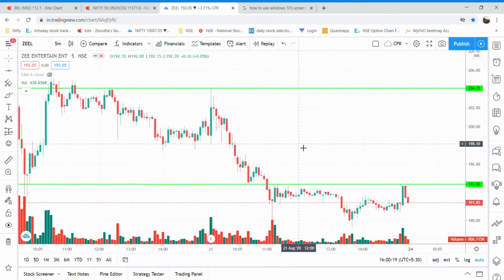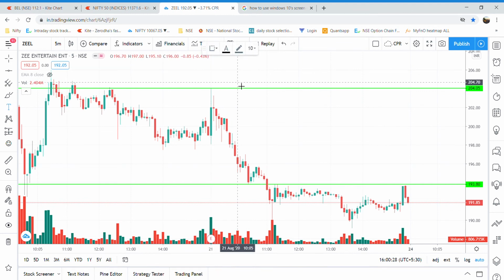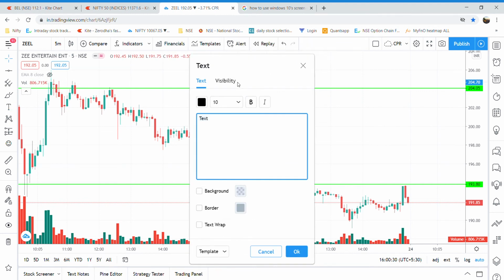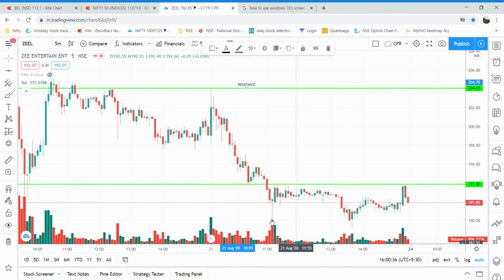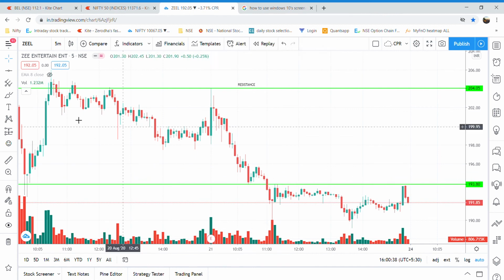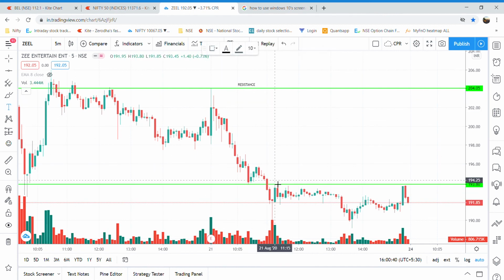Okay, so we have drawn our initial support and resistance for the day. Alright, and like this would be, let's say, our resistance, and this would be our support.